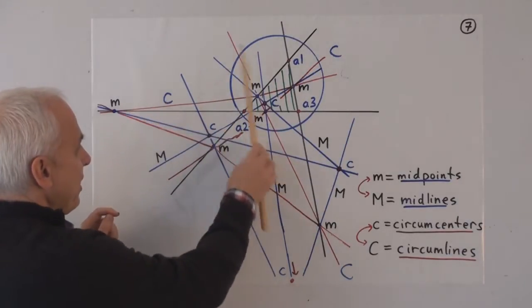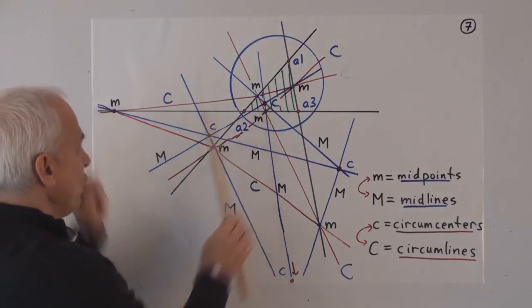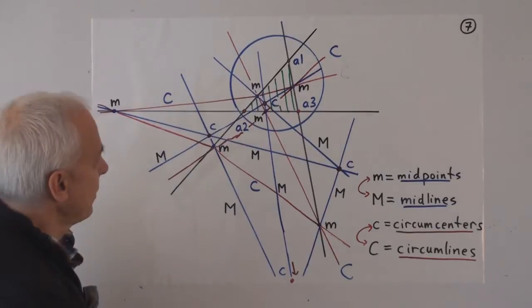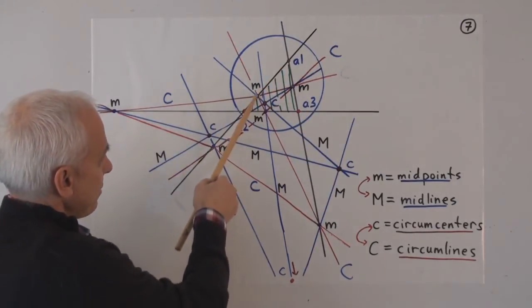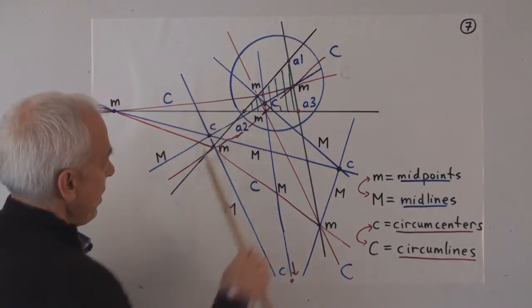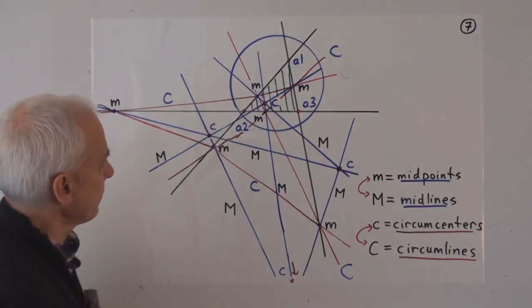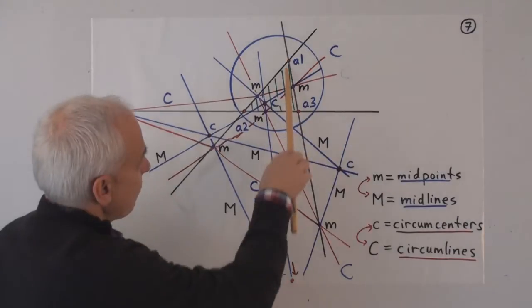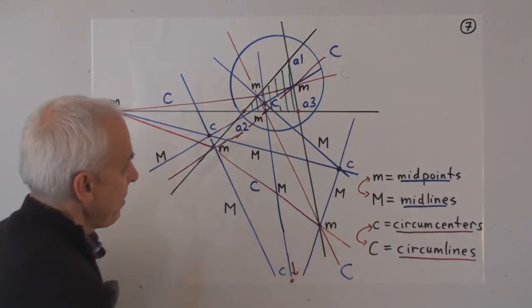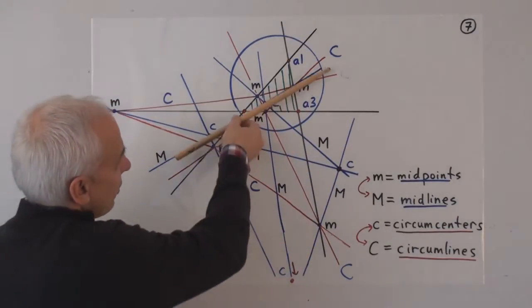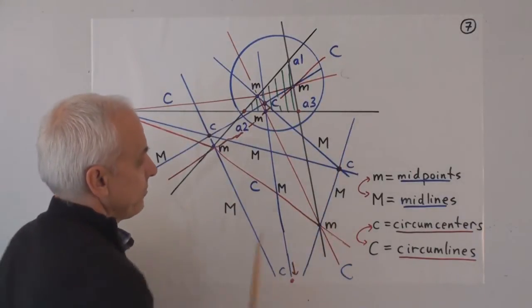So that's one midline. That's another midline associated to those 2 midpoints. So the midpoints on this line, that M and that M, will have associated midlines there and there. And finally, the midpoints on this line, that M and that M, have midlines, this one and that one.